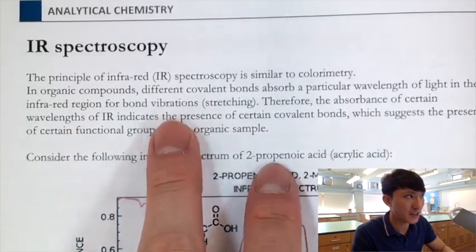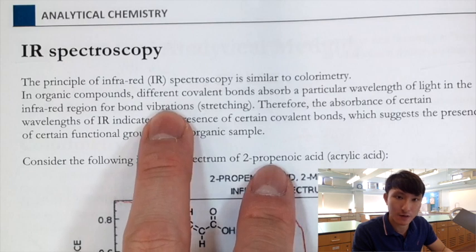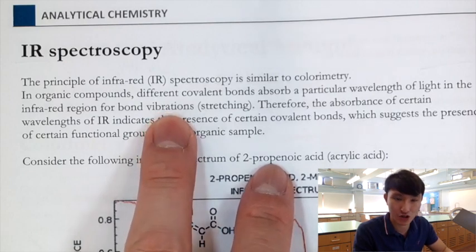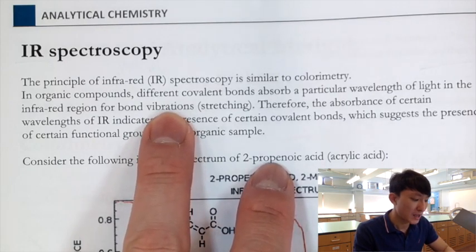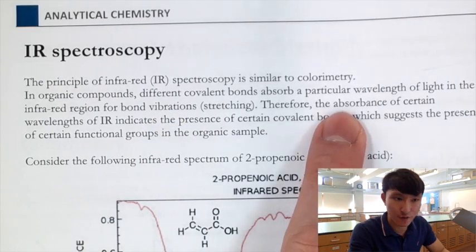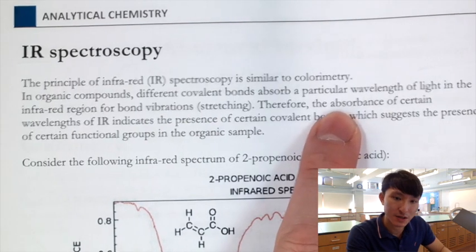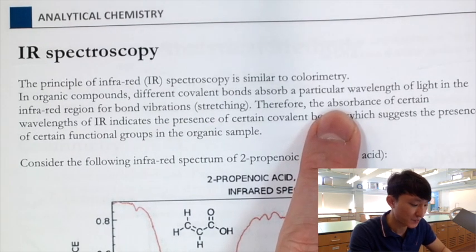But anyway, you have an idea that different covalent bonds absorb different wavelengths of infrared light for bond vibration. So if we provide a collection of wavelengths of infrared to our sample, we are able to find out which particular wavelength is being absorbed.